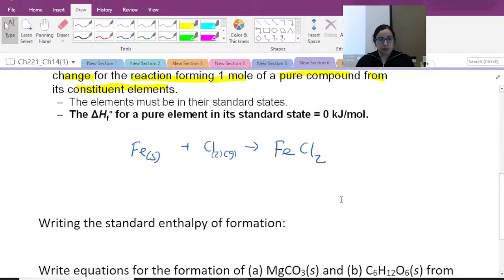Oh, sorry, too fast. And so in this case, sometimes we use the half equivalent. I think this was from lab where it said find the standard enthalpy of formation of CO. In that case, it's carbon plus half an equivalent of oxygen gave you CO. So kind of strange.